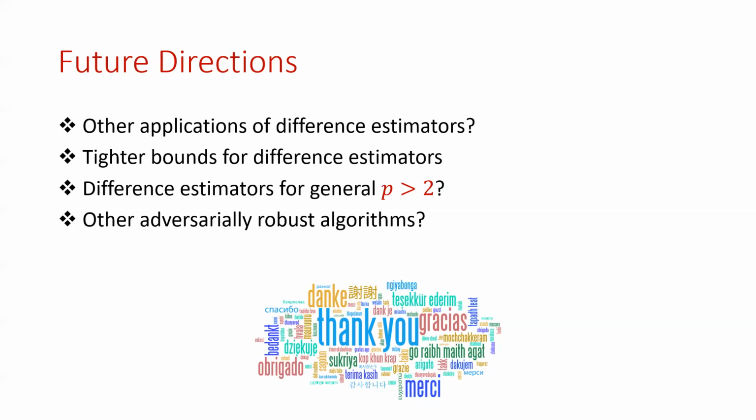We would like general p bigger than 2, but we only obtain integer p bigger than 2. Finally, another open question is what other adversarially robust algorithms there are. Thank you.